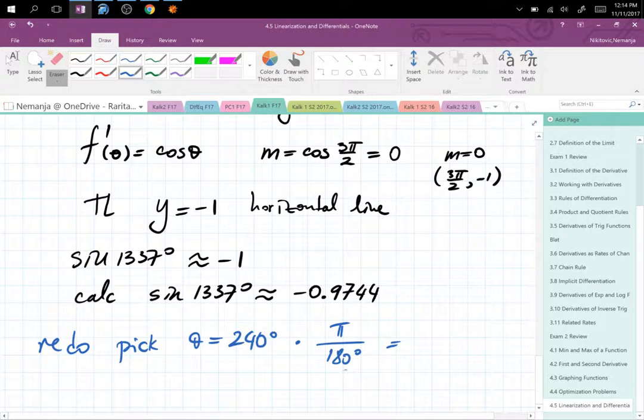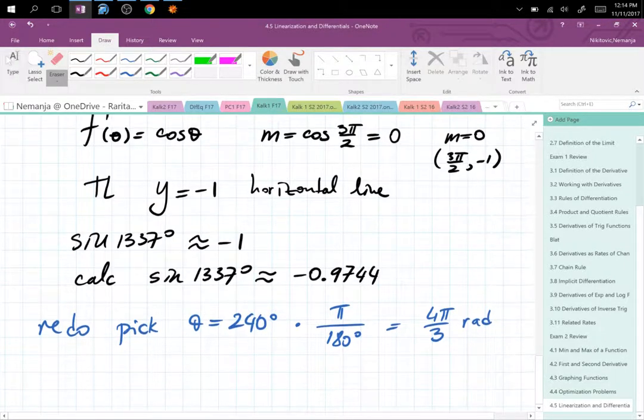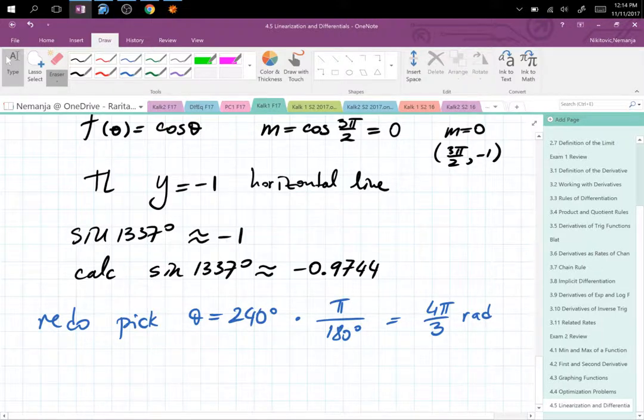So 240 and 180 are both divisible by 60. We get 4 pi over 3 radians. So now we have that our theta is 4 pi over 3. We obtain the y value by plugging 4 pi over 3 into the sine.